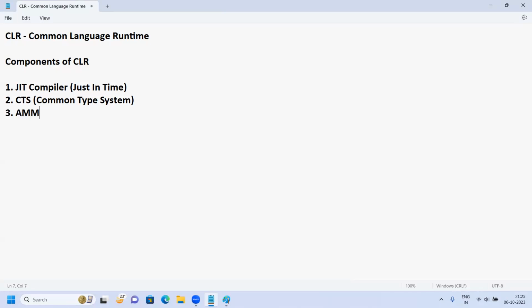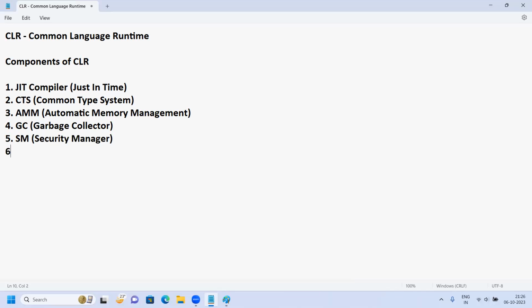Third is called AMM, Automatic Memory Management. Fourth is called GC, Garbage Collector. Fifth is called SM, Security Manager. Sixth is called EM, Exception Management. And seventh, we have CL, the class loader. Like this, we have 11 to 12 components inside CLR.